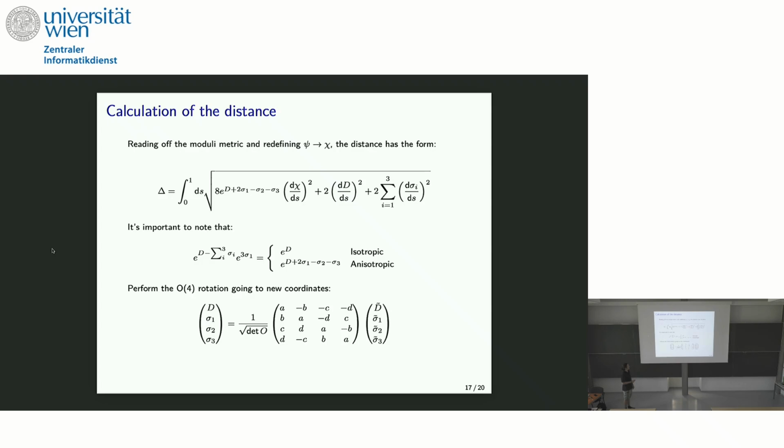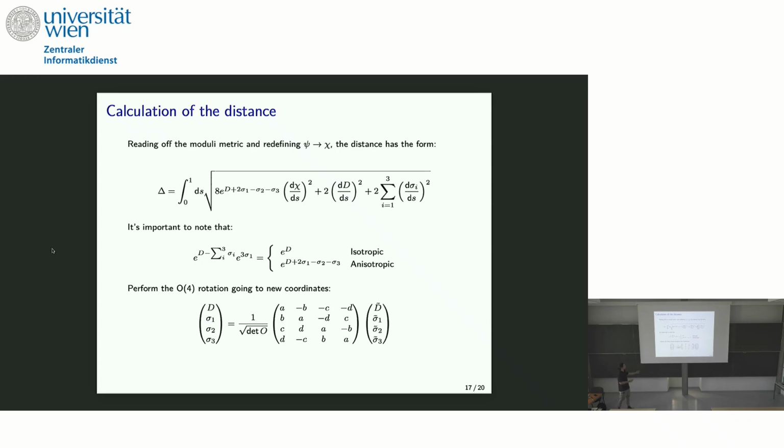This is like a redefinition of the open string modulus. For the isotropic case, it would be very simple because we could set sigma 1, sigma 2, sigma 3, the canonically normalized internal space moduli, equal. We would be left with just this exponential, and we would be able to recognize the geometry of our moduli space. However, in our case, the moduli are not equal.